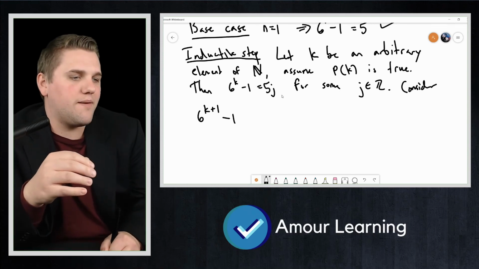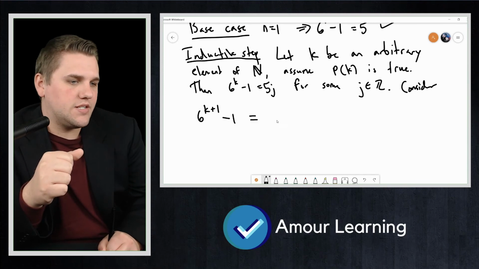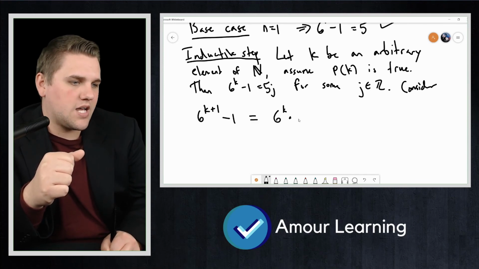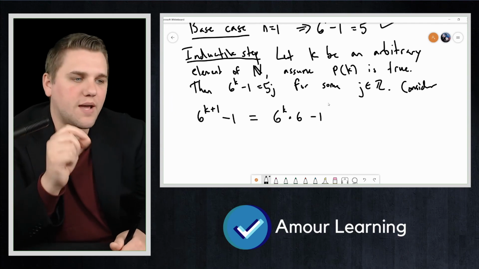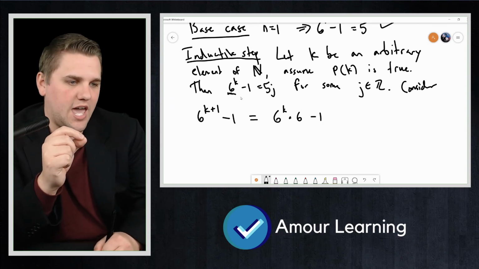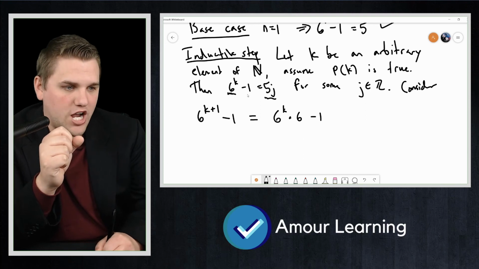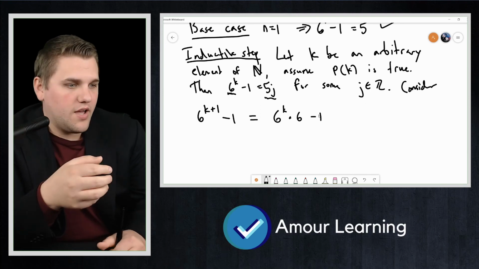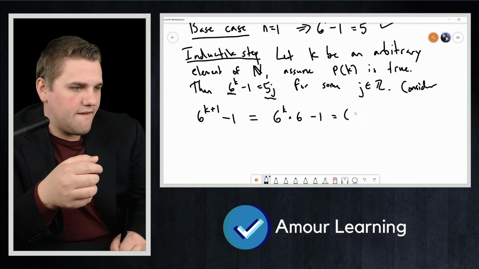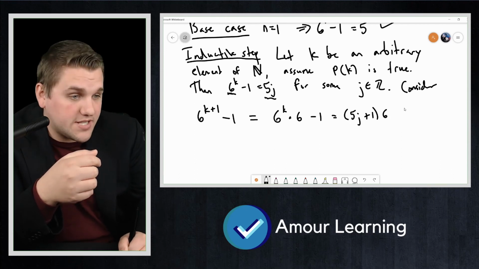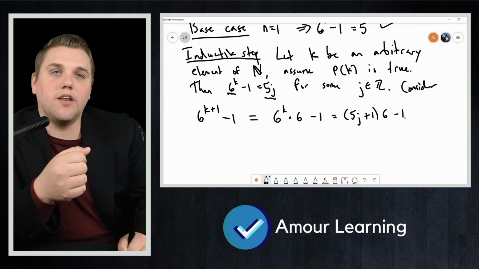In order to do that, I'm going to write this as 6 to the k times 6 minus 1. The reason I'm doing that is because I know what 6 to the k is. It's just 5j plus 1. And so this is (5j plus 1) times 6 minus 1.